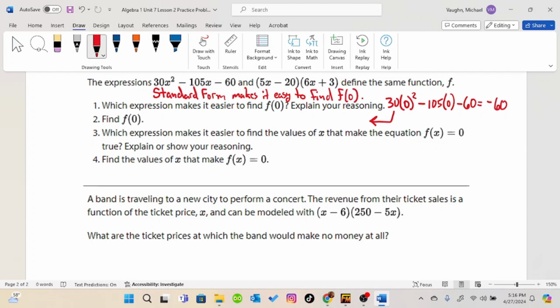Number 3, which expression makes it easier to find the values of x that make the equation f of x equals 0 true? Explain or show your reasoning. This would be factored form.